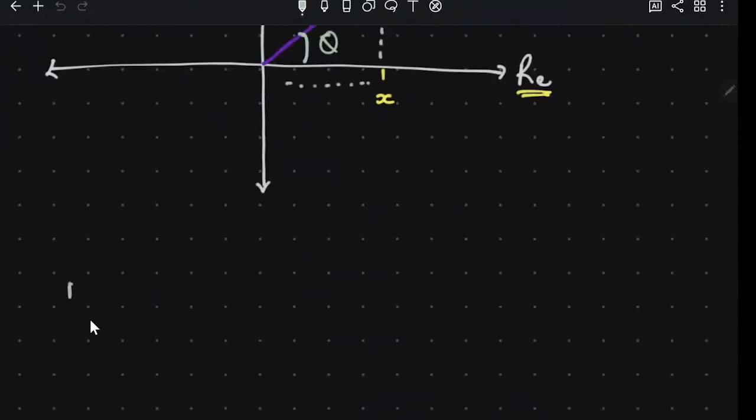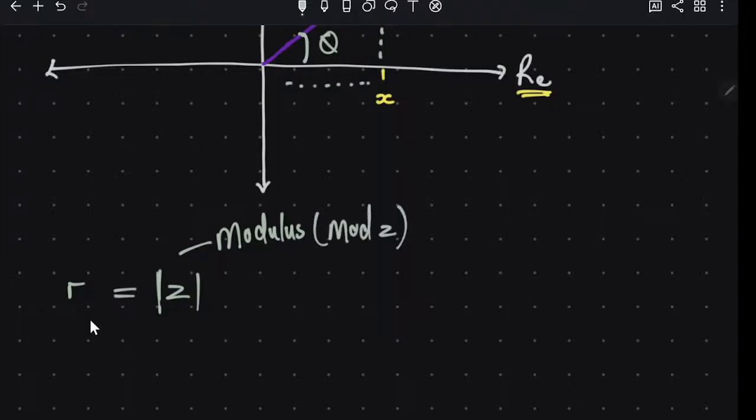And r, you are asked in the exam, is the modulus. It is called the modulus of your complex number. Remember, the complex number is called z. So r is the modulus of z, which sometimes you see them say the mod of z. It means the modulus of z. Remember that z is equal to x plus iy.